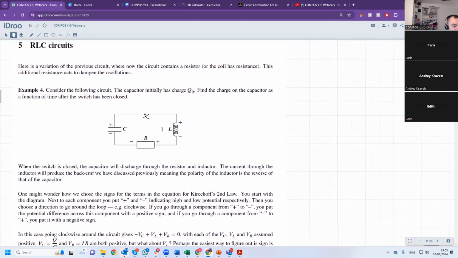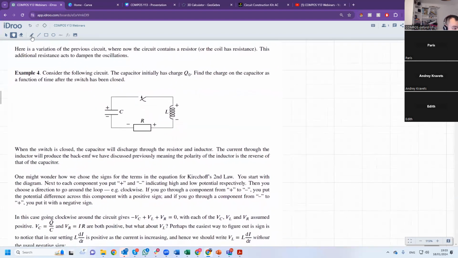Now, if it wasn't for the resistor, which dissipates the energy, energy would flow from the capacitor to the inductor, and from the inductor to the capacitor. The charge on the capacitor would change as the cosine, so from maximum to minimum.